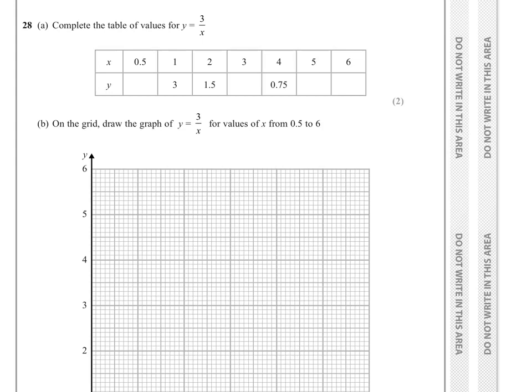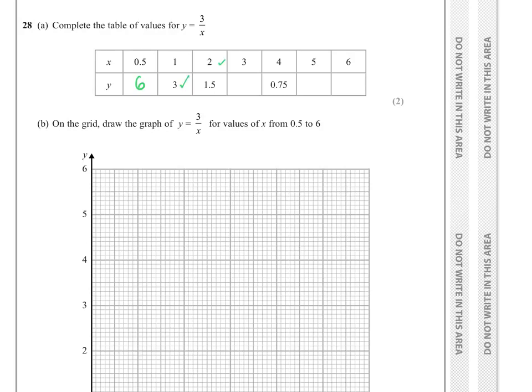Question 28. We've got to complete, first of all, the table of values for y equals 3 divided by x, or 3 over x. So you can have your calculator at the ready, and if x is a half, 3 divided by a half should give you 6. You can then check that if x is 1, then 3 divided by 1 would give 3, so that's fine.